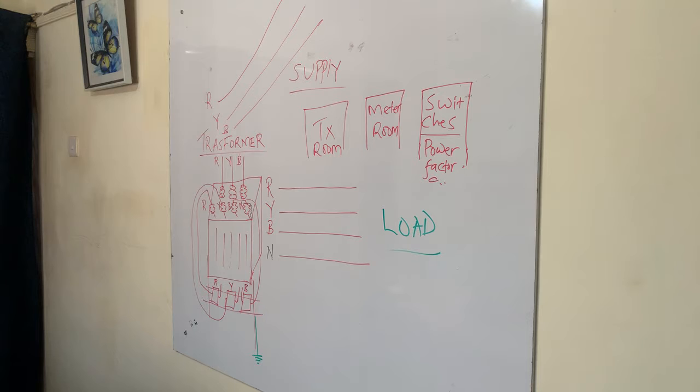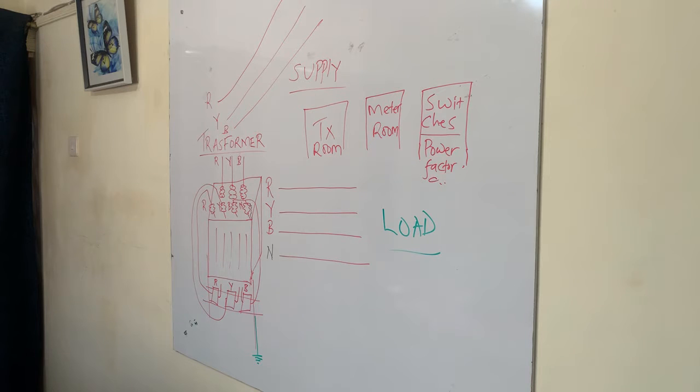To begin with, my diagram there is a demonstration or display of a transformer. At the transformer level, I have the incoming three-phase connection, as well as the outgoing three-phase connection right there.